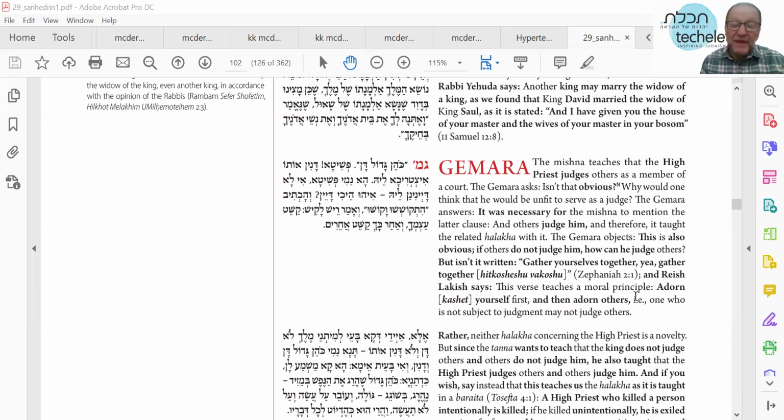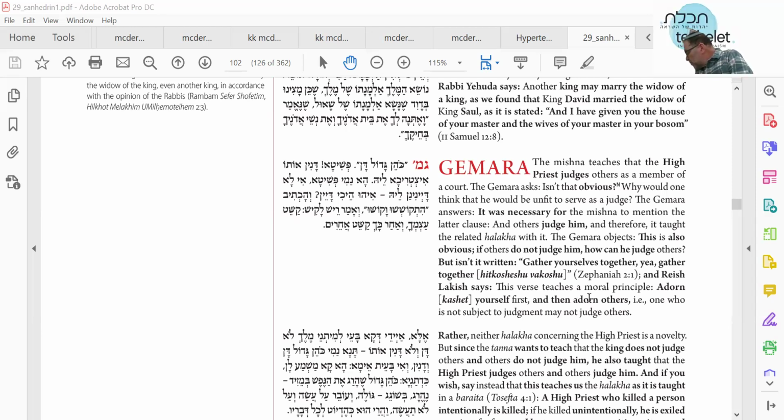Now, the Steinsaltz translation here is adorn yourself first and adorn others, i.e. one who is not subject to judgment may not judge others. I'm not sure about this translation, adorn, but it probably comes from cachet, to decorate. Yeah, it does.